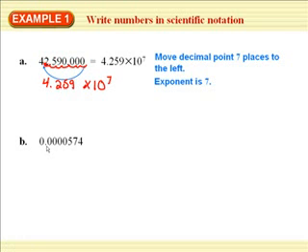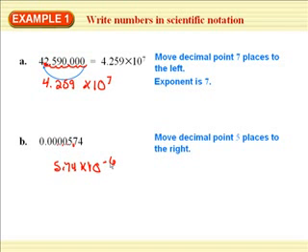This one, we're moving it the opposite direction, so it's going to be 5.74 times 10 to the negative 1, 2, 3, 4, 5, 6, 10 to the negative 6. 5 or 6? 1, 2, 3, 4, 5. Ooh, I only moved it 5 places. Okay, negative 5.